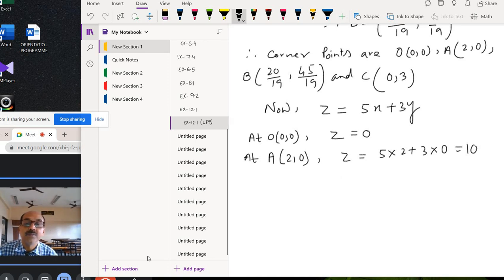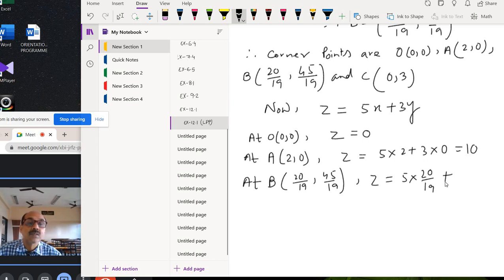Then at B, B point is 20 by 19, 45 by 19. Z equal to 5 into 20 by 19 plus 3 into 45 by 19.